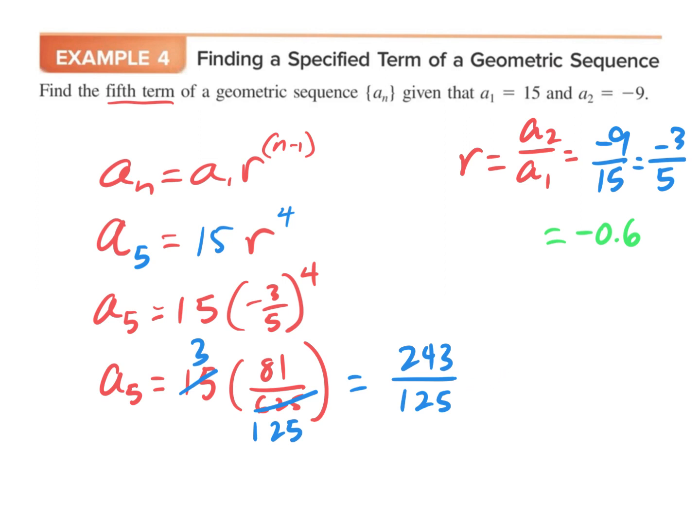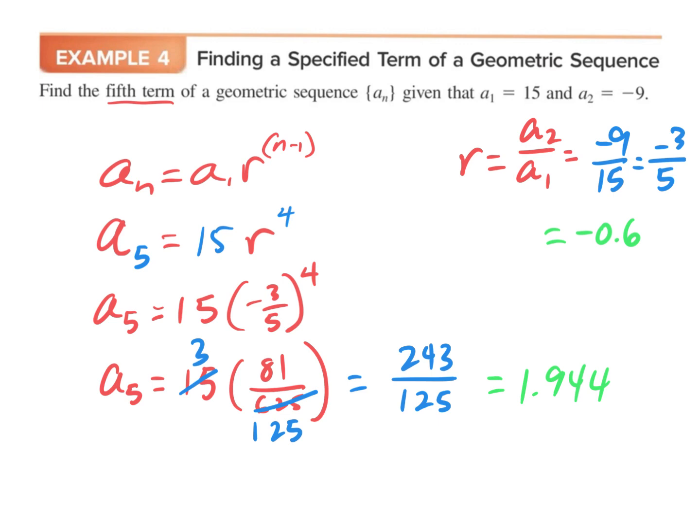Yeah, so that would be okay, I guess. So if you did use your common ratio as a decimal, this is also equal to 1.944. So if it ends, that's okay. Now, when we're checking answers, I will tell you that most of the time the answers are going to be fractions when possible, but we can flow in between. All right.